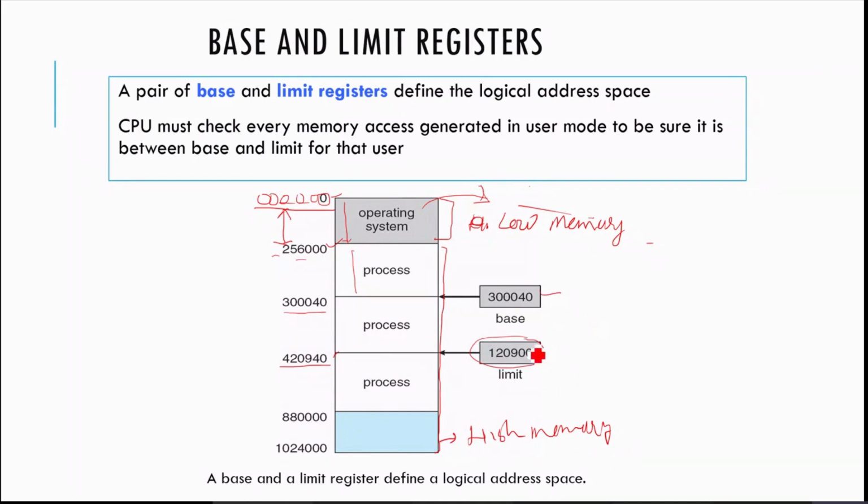Suppose my CPU has generated some address, 110900. This is the address CPU has generated. So what I will do is check here. First I will check whether this is greater than the base register.